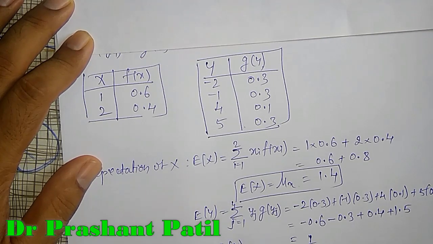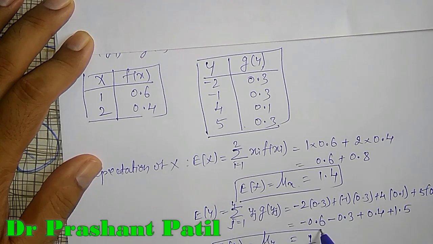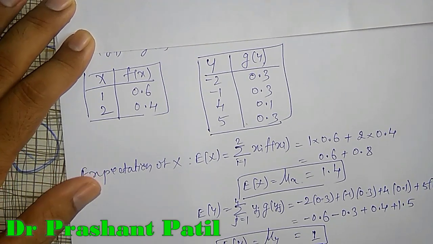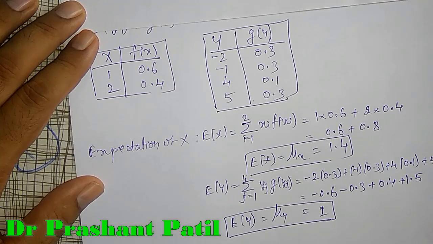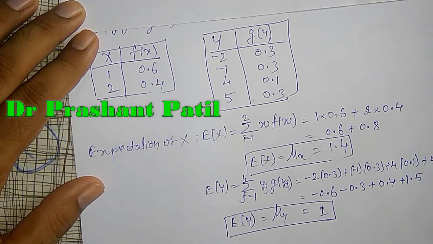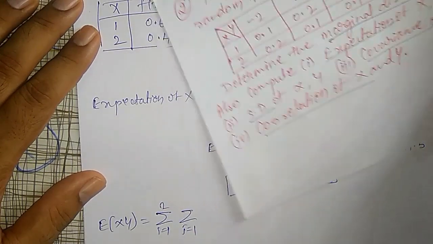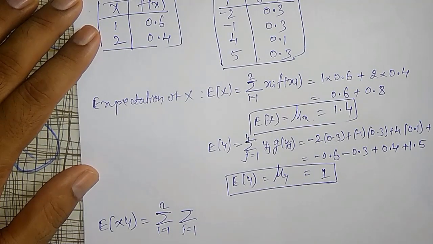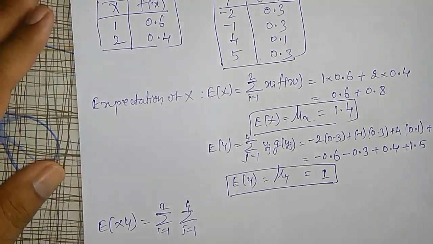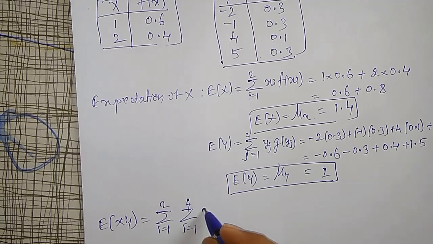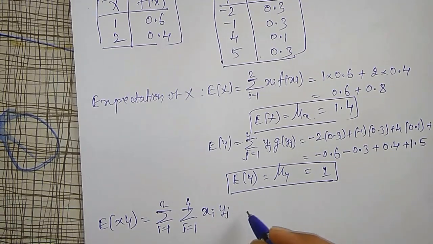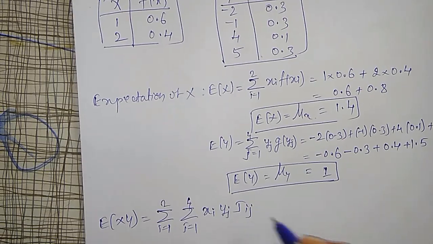Expectation of y or mu of y I am going to get like that. Expectation of x into y, okay, expectation of xy is summation i equal to 1 to 2, summation j equal to 1 to 4, xi into yj into pij.